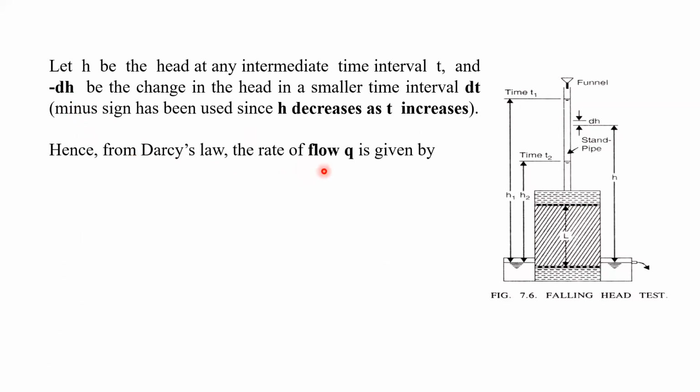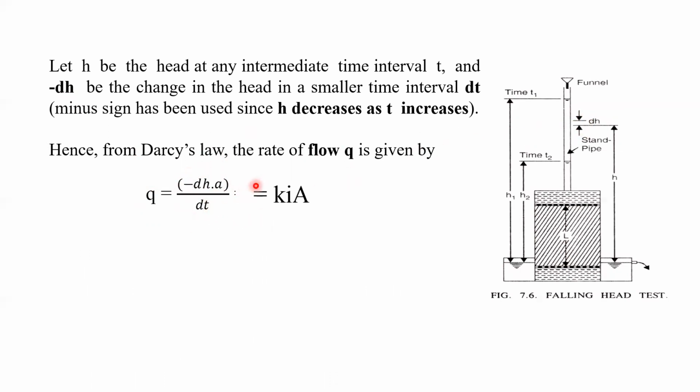From Darcy's law, as we know, Q is the quantity of water available in this stand pipe. dh is the height, a is the cross-sectional area, so it is the volume of water divided by the time dt, for dh height and dt time.